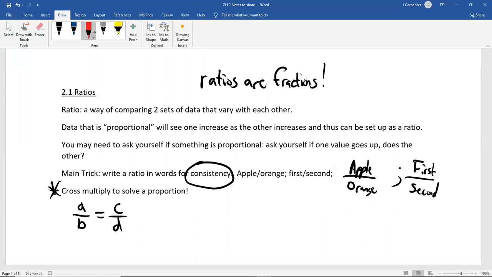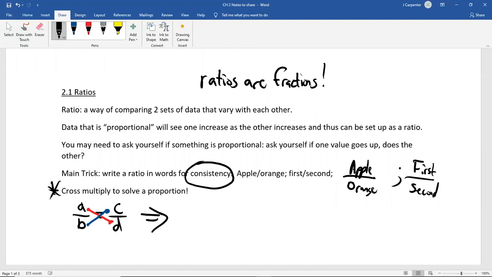Cross multiplying means to take the top of one and multiply it by the bottom of the other. And then you set it equal to the exact opposite pair being multiplied, the bottom of one times the top of the other. So you would get, sorry, I went blank for this.